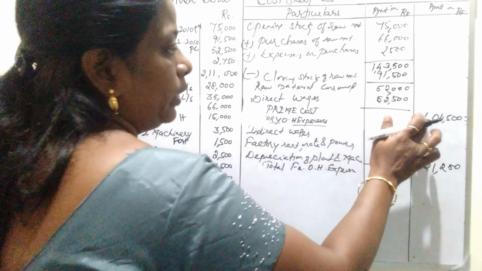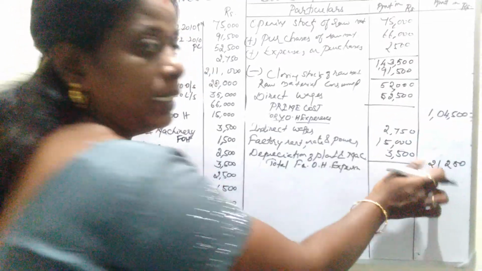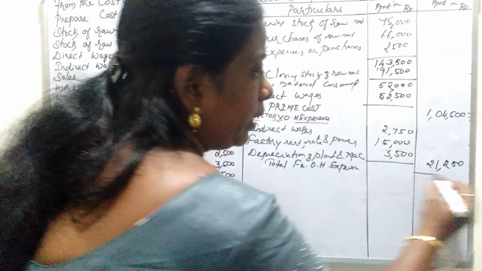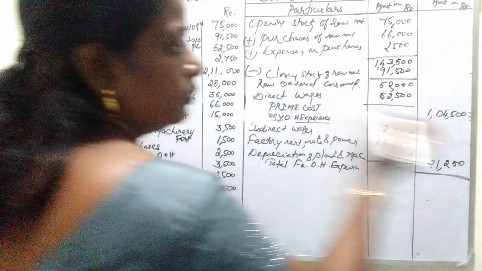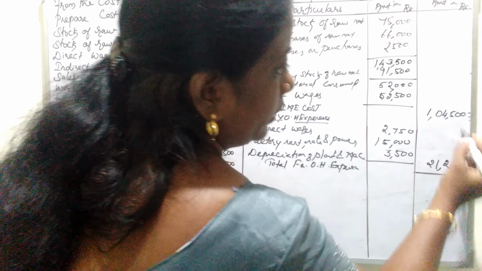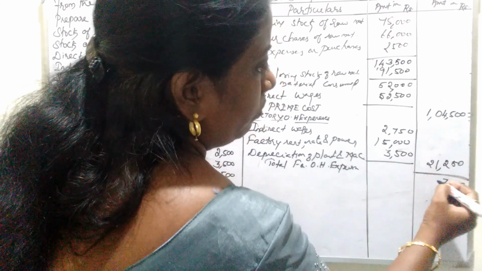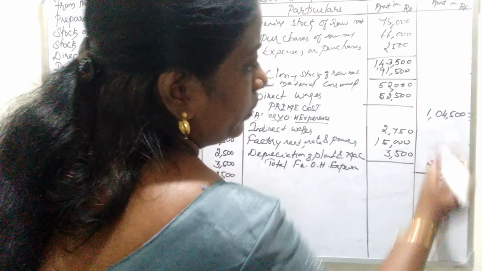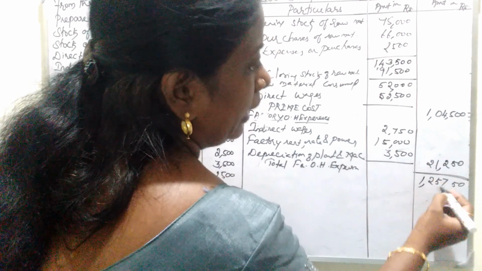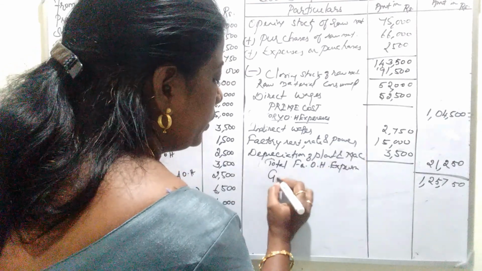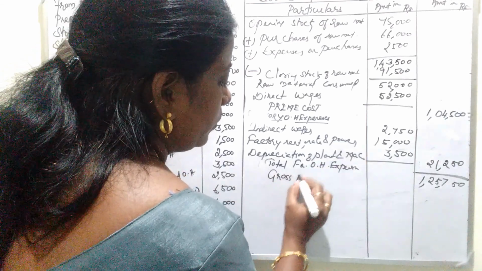Then we have to add the prime cost and the total factory overhead expenses and find the factory cost. If we add this, 1,25,750 is the gross factory cost.